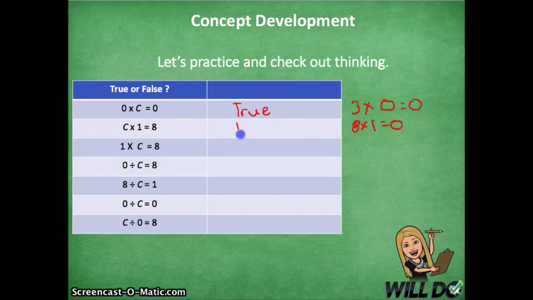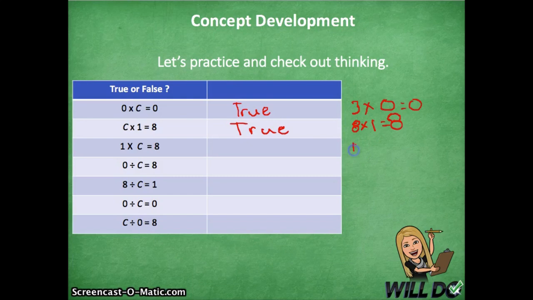Yes. We could have 8 groups with 1 in each, and that could equal 8. True.